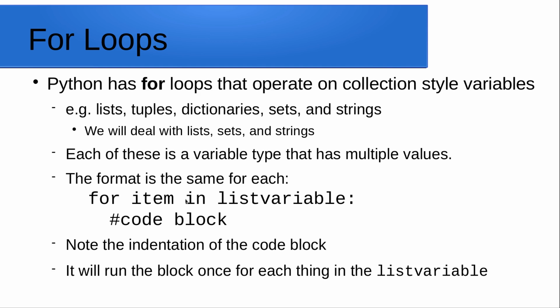And then the keyword in and the variable name that represents our collection style variable, whether it's a list, tuple, dictionary, set, or string. Then a colon and an indented code block. And that block of code will get run once for every element that is in that collection style variable, and then we can do something with each item.